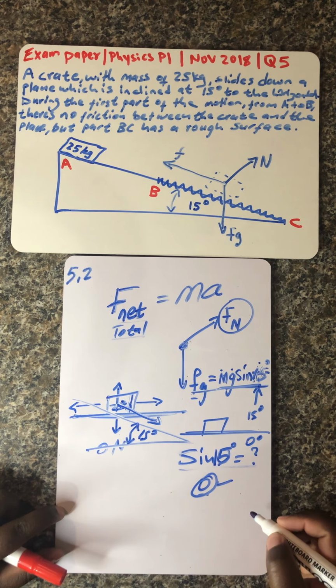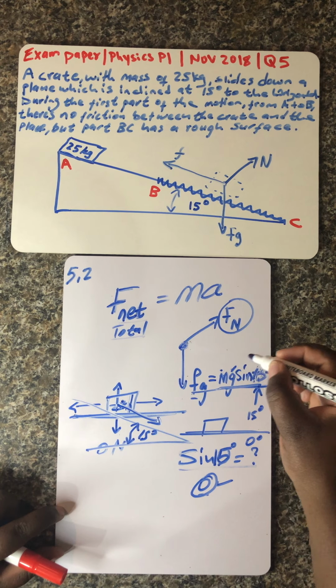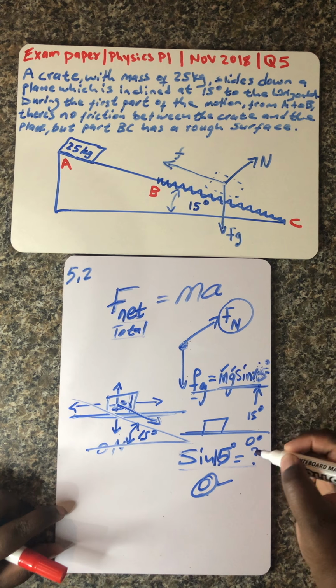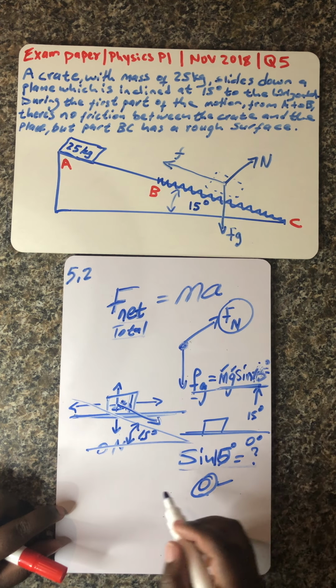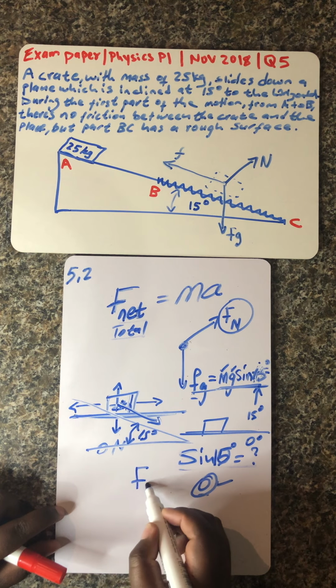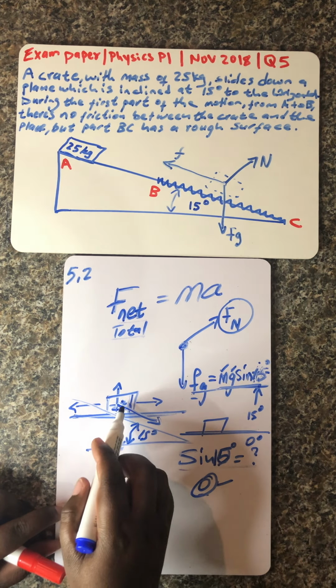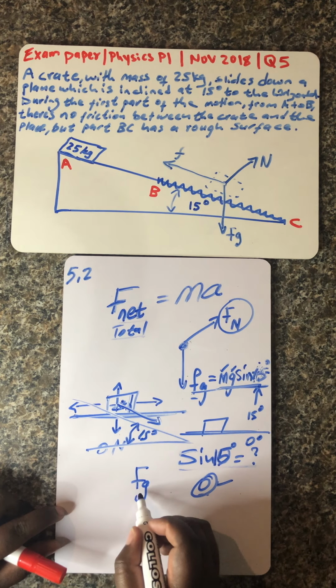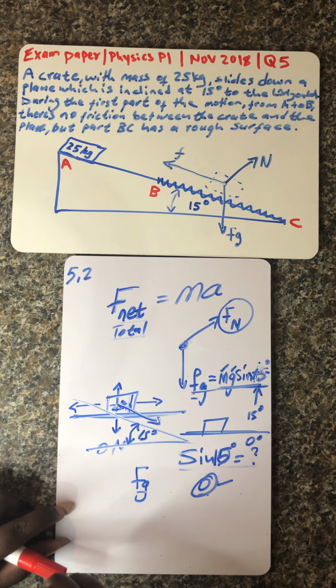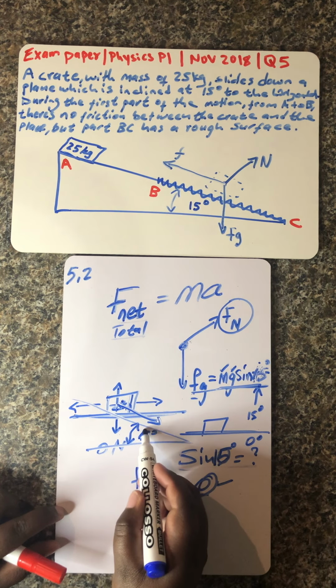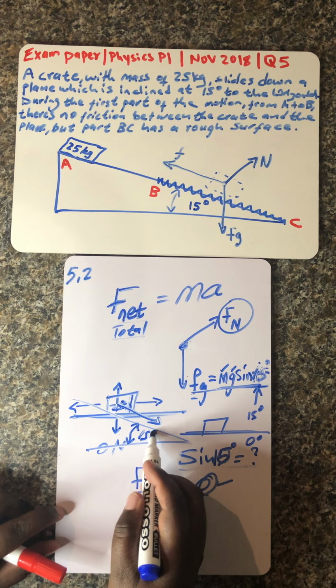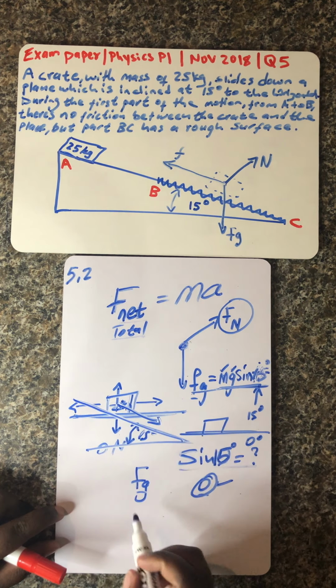You'll get an answer. That answer, when you multiply it with 9.8 and with a mass of 25 kg, gives a certain value, which is the force experienced by this object as a result of gravitational force while sitting at that angle of 15 degrees on that surface.